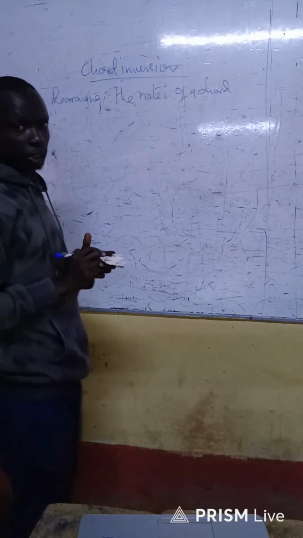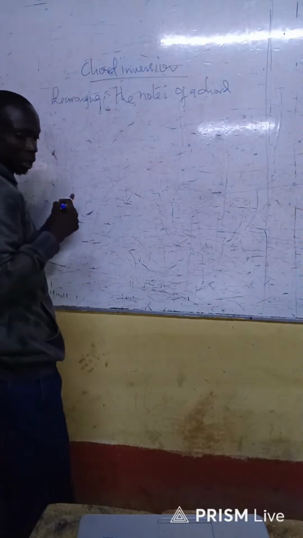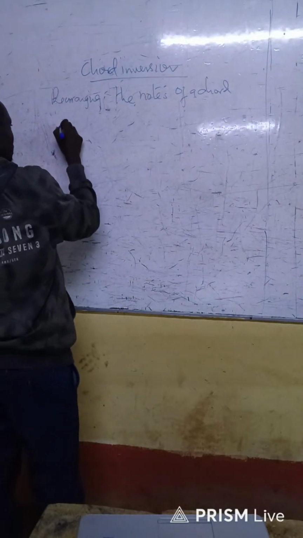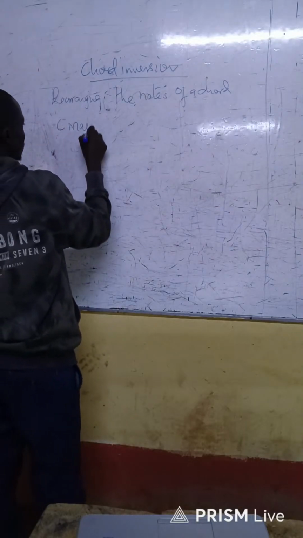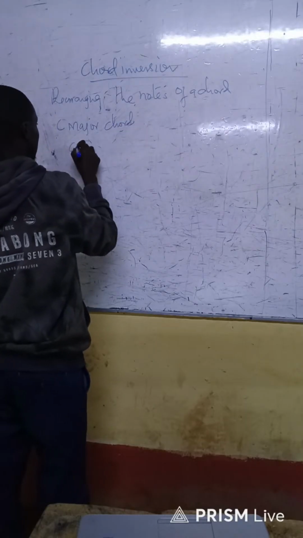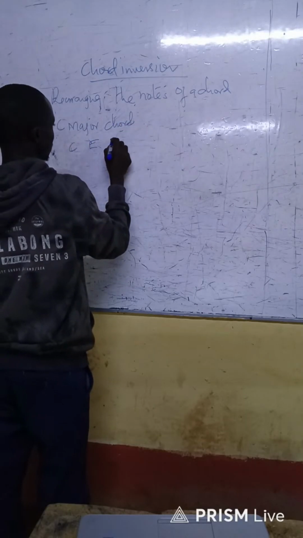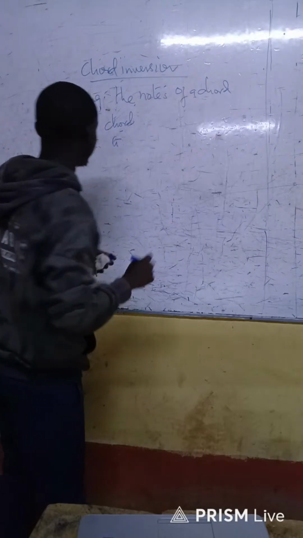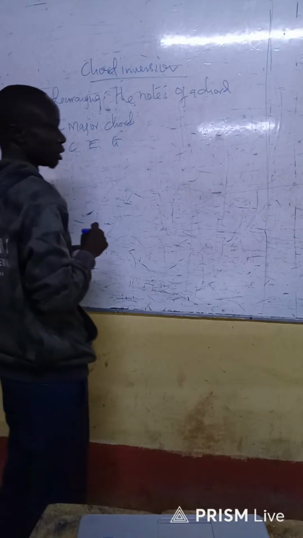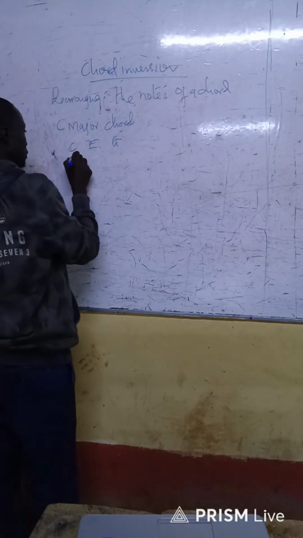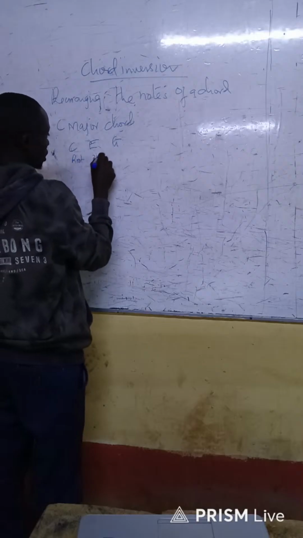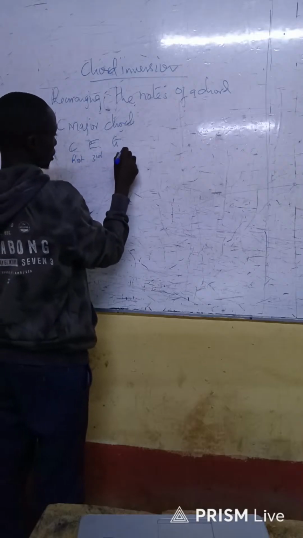Now, when we talk about rearranging the notes of a chord, we are still using our C major chord. That is C, E, G. This is the root, as I told you yesterday. This is the third, and this is the fifth.